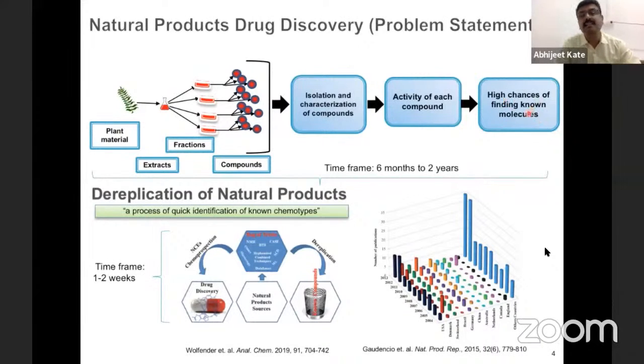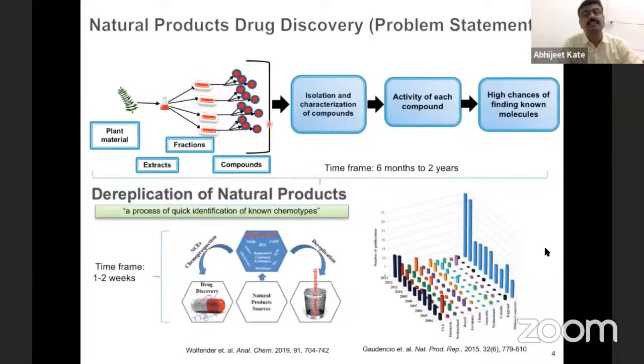Then you come to know, after 6 months or 1 year or so, that you isolated the same compound which has anti-cancer or anti-diabetic potential. Then you say, okay, I wasted almost 1 year without getting a new compound.